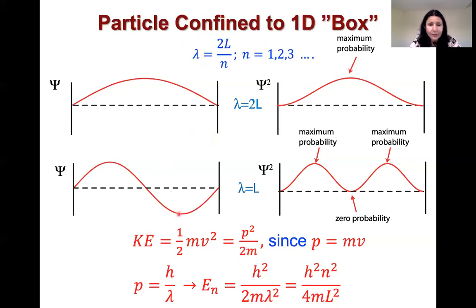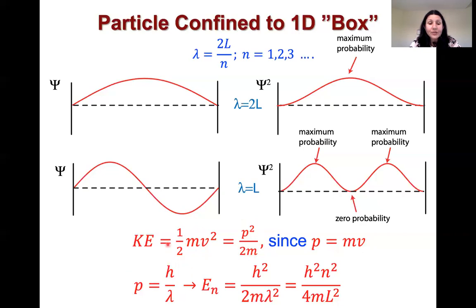It can move around. And we know back from even 7-8 days that kinetic energy is 1/2 mv squared. We can also express this in terms of momentum, because remember, momentum is m times v. So if we put another square here, then divide by m, we get p squared over 2m.